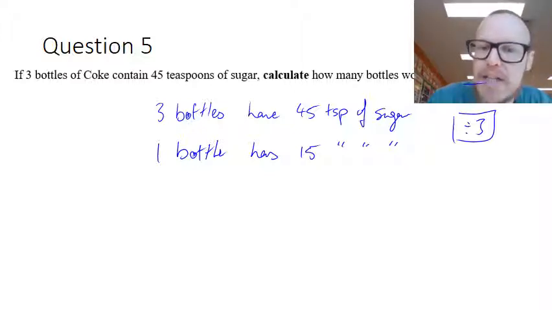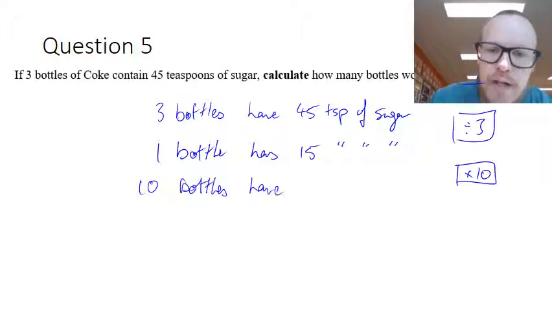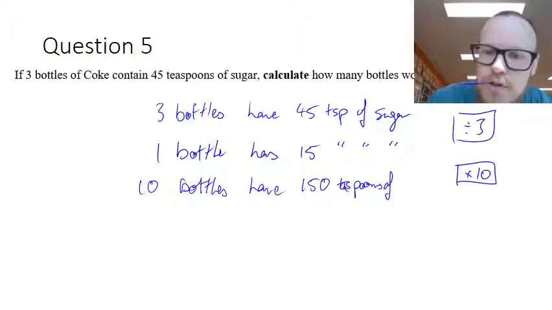To go from 15 to 150, I need to multiply by 10. So I get 10 bottles have 150 teaspoons of sugar. So we've answered the question there.